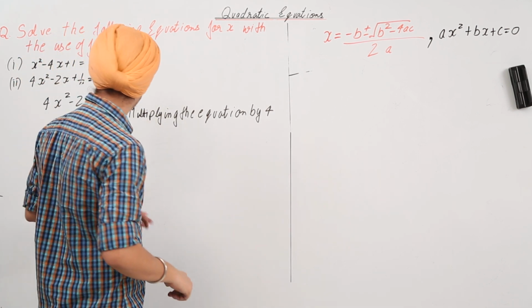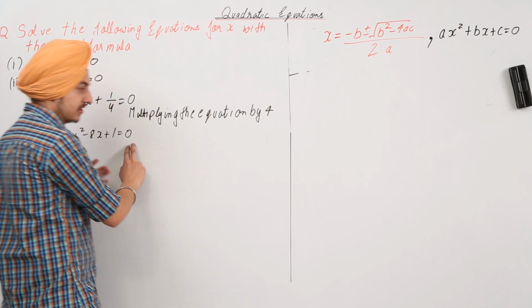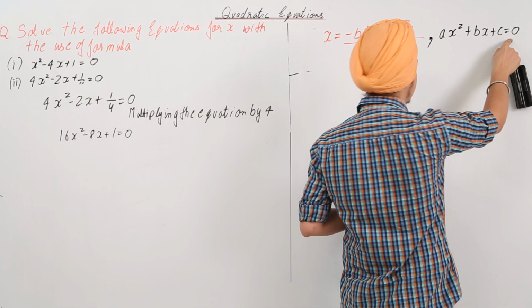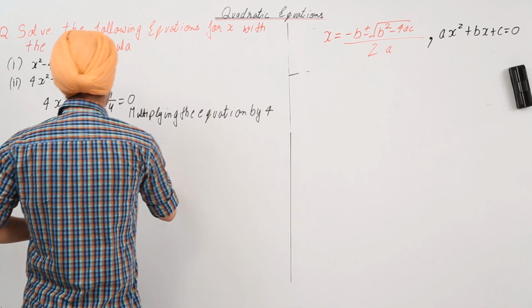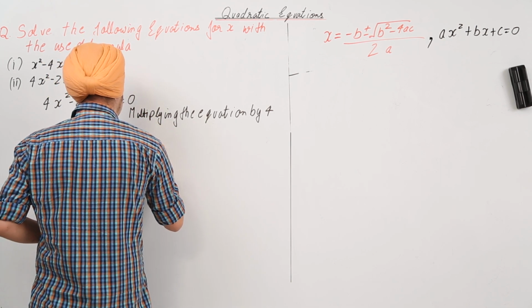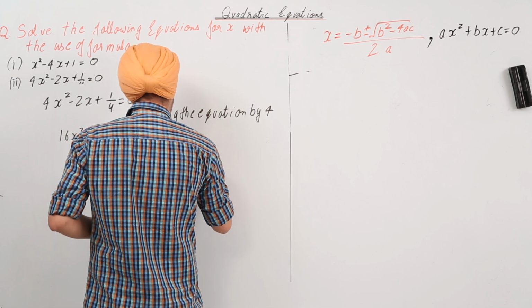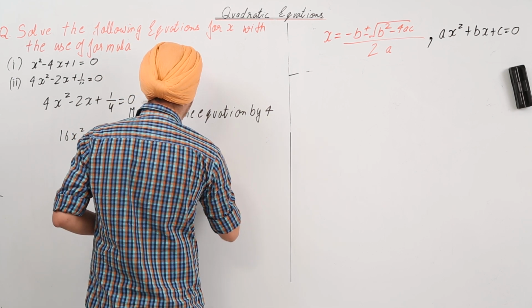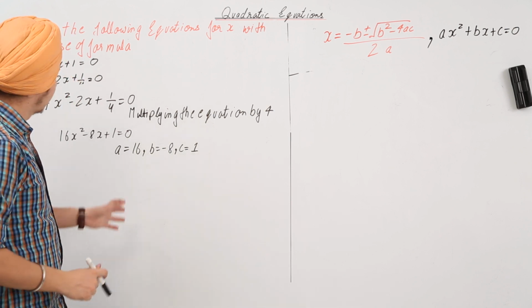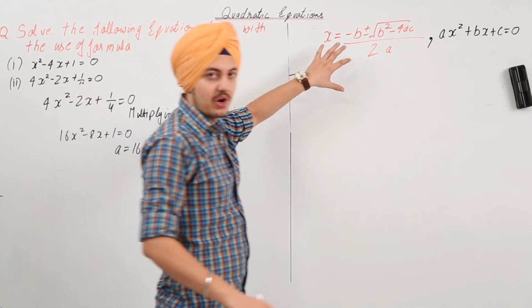Now we again compare this equation with this equation, we get a is equal to 16, b is equal to minus 8, and c is equal to 1. Now again, we have this formula right here.